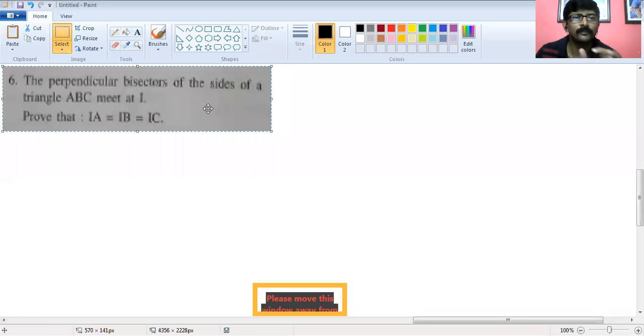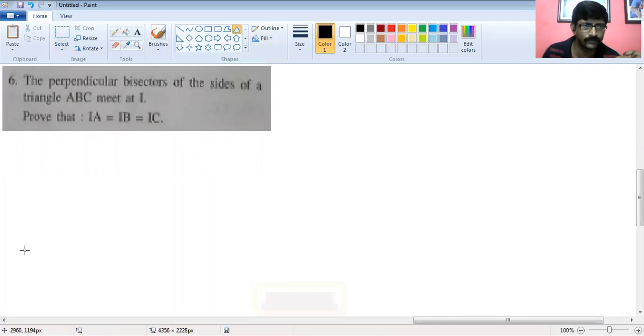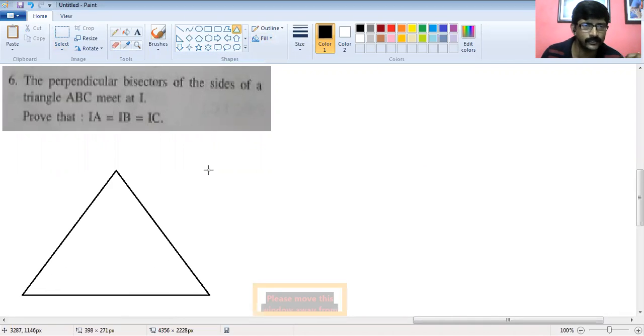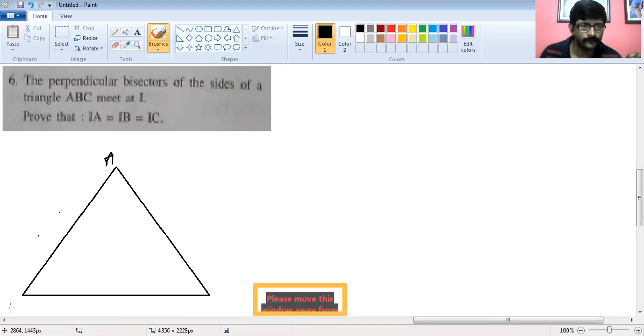Okay, the perpendicular bisectors of the sides of triangle ABC meet at I. So let's draw this diagram first of all. Say this is a triangle, and let's name it A, B, and C. Now we are given the perpendicular bisectors of the sides.